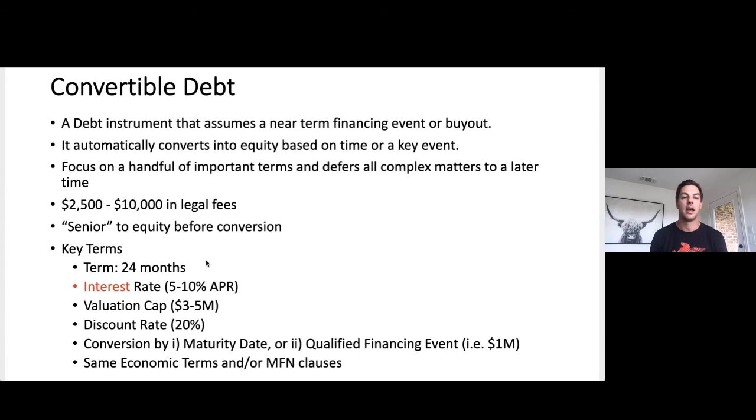Conversion occurs by really one of two things: a maturity date or a qualified financing event that happens when somebody puts in more money in the future. And then another famous clause that's in almost all convertible debt and safe agreements is called a most favored nations clause.